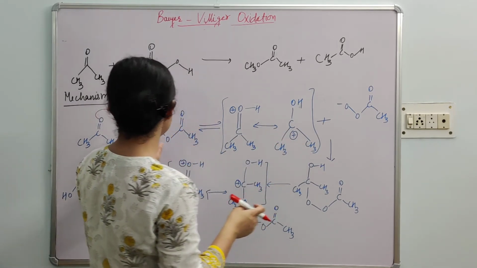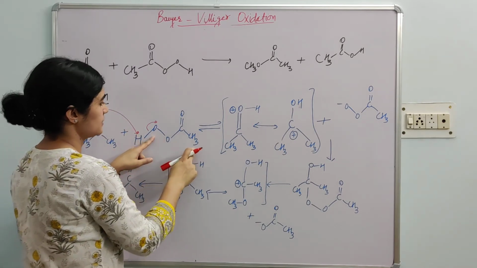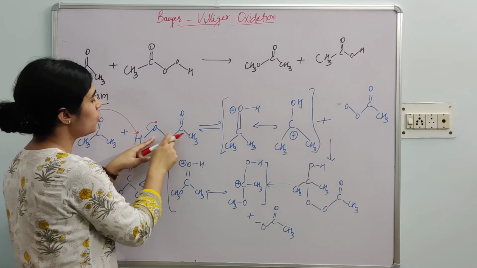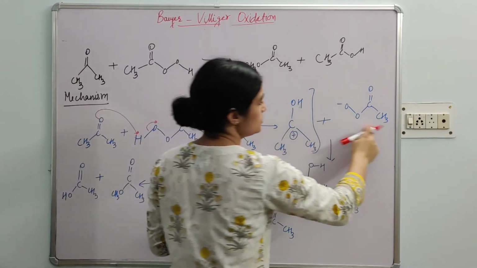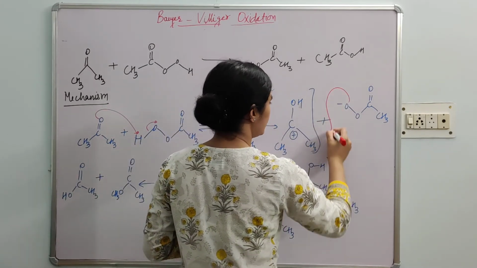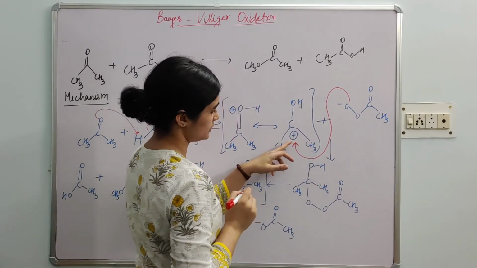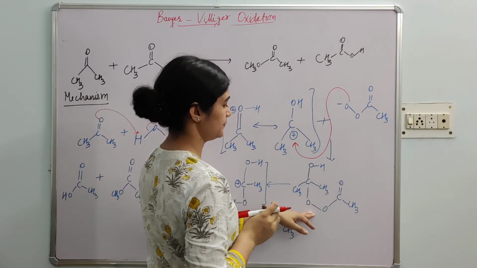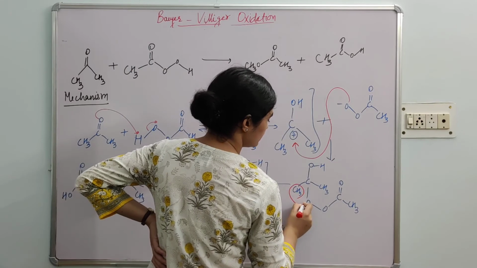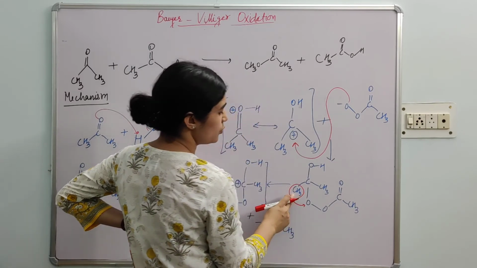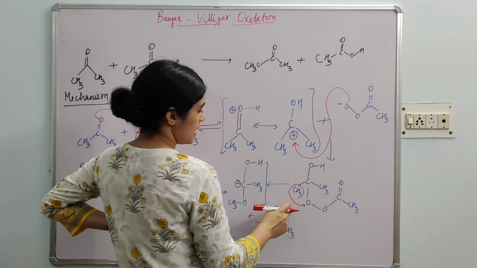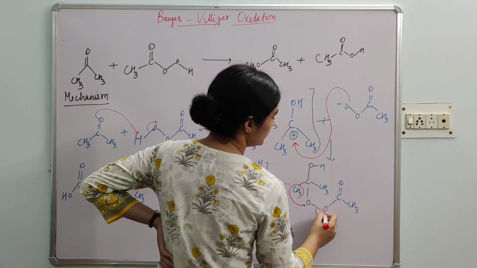Now the remaining species, what is left of this compound? CH3COOO negative. So this is what is left here. Now what will happen? This species will attack this carbon and form a compound like this. Now the methyl shift will occur. This CH3 positive will shift from this carbon to this oxygen, and this bond will be cleaved.